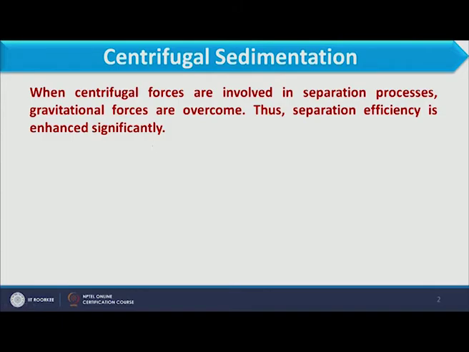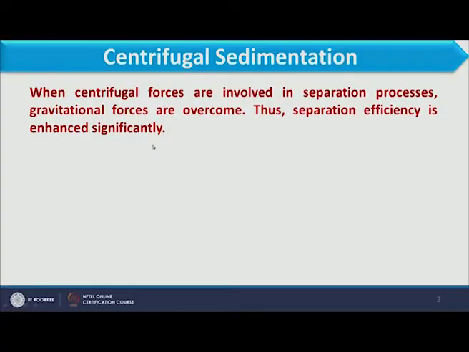So, what happens in the usual sedimenter is that the particle starts settling down. However, in centrifugal sedimentation the equipment revolves with a very high RPM. So, the slurry which is collected in it is spread at the periphery due to centrifugal forces.